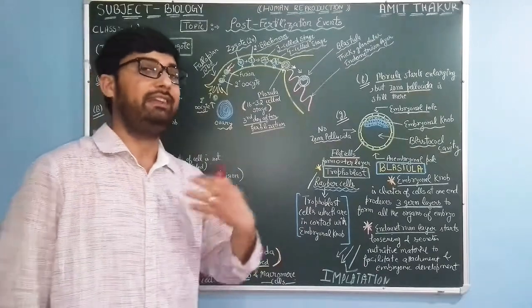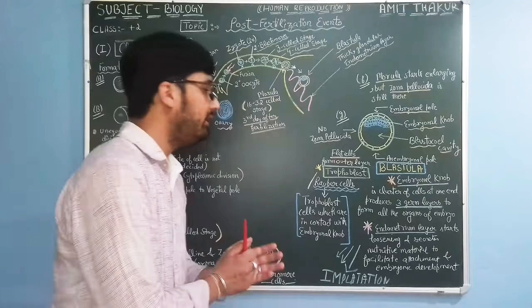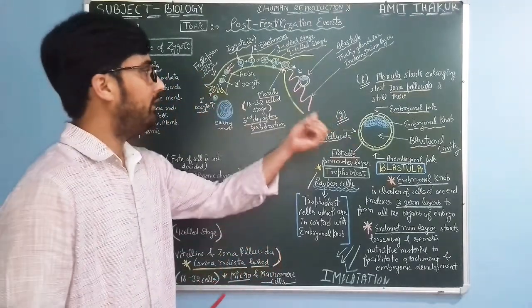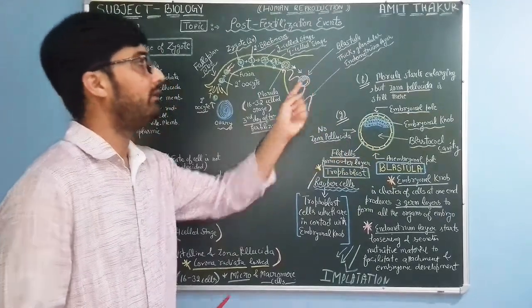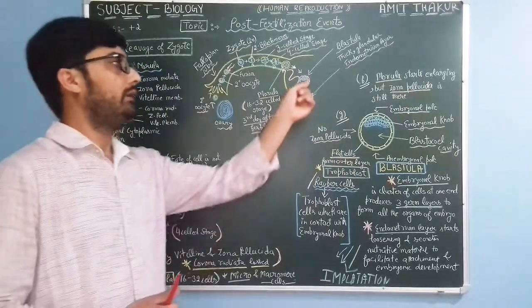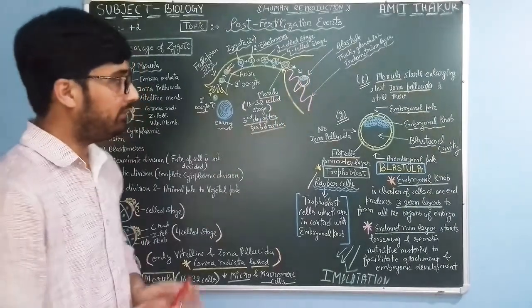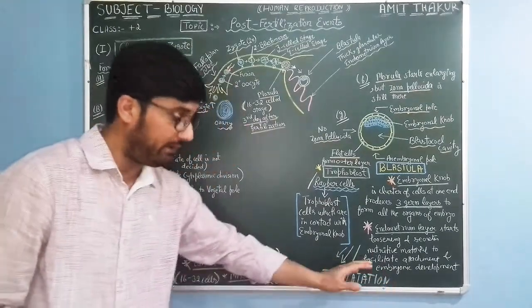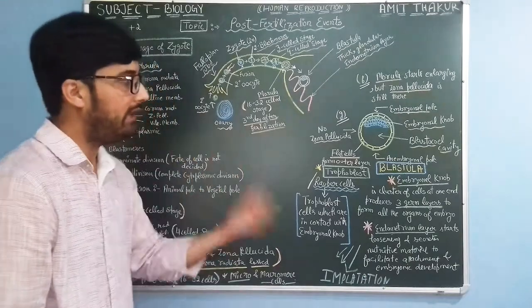That's why it secretes some nutrition to facilitate implantation and to provide nutrition to the growing embryo. And this blastula has now implanted in the uterine wall or inside the uterus. So this leads to implantation. What happens exactly during implantation we will discuss in the next lecture.